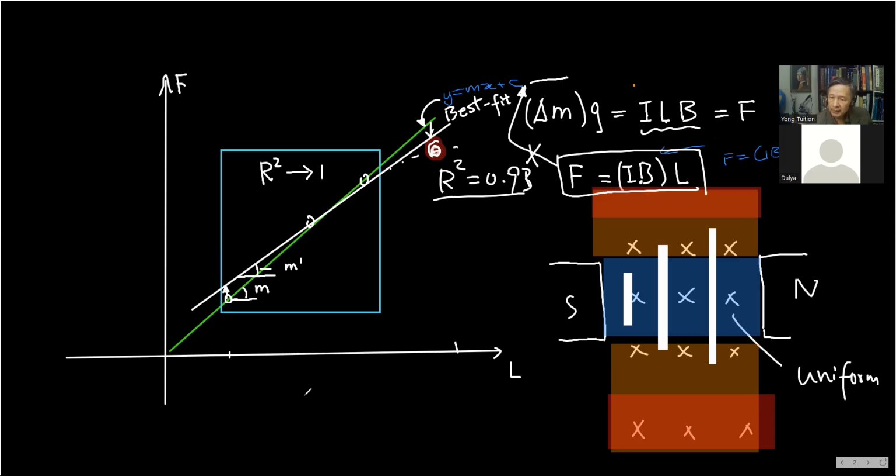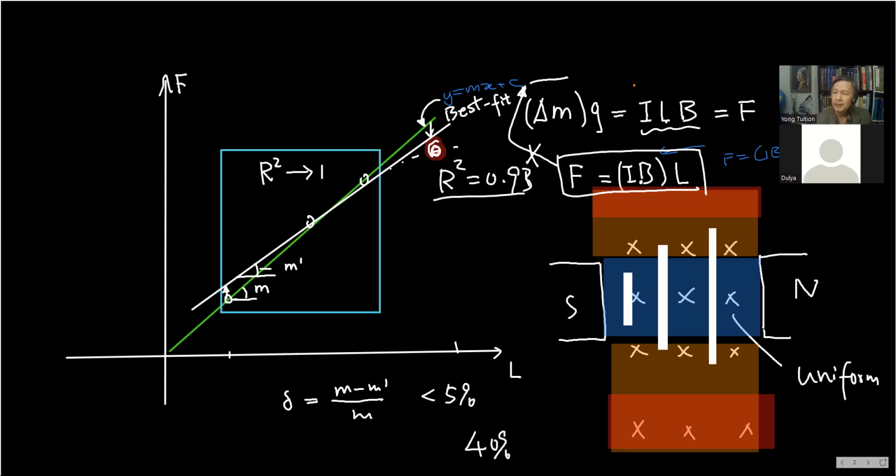So the percentage error is equal to M minus M prime divided by M. These are different slopes. So from just this visual estimate, that percentage should be less than 5%. From my experience, that should be less than 5%. Instead of 40, it's nonsense.